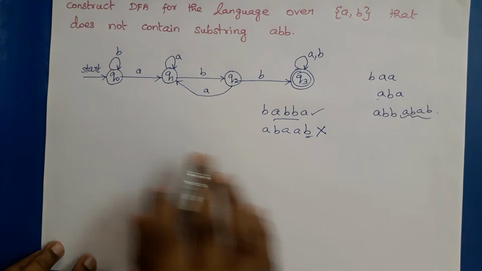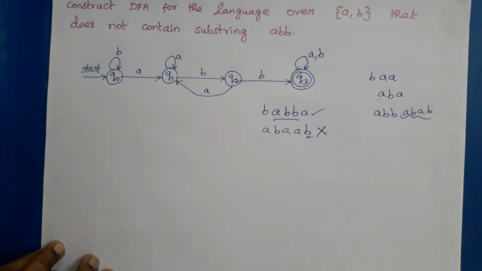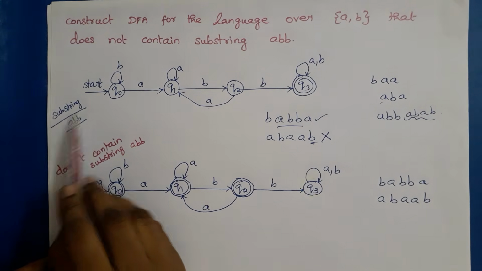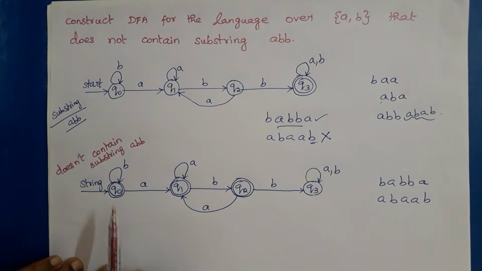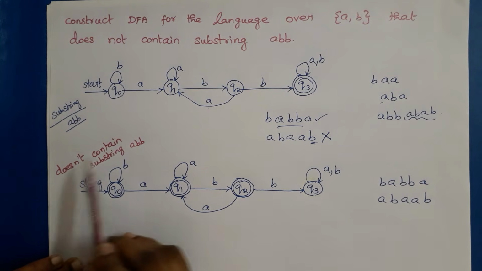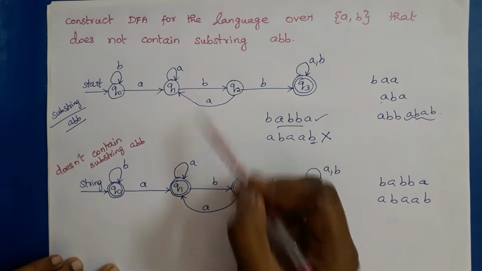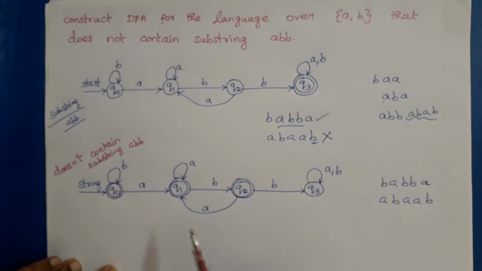Now we have to construct the DFA that does not contain the substring ABB. So this is the DFA for substring ABB, and this DFA accepts all strings that do not contain the substring ABB. This is the same as the previous diagram, but all the final states become non-final.